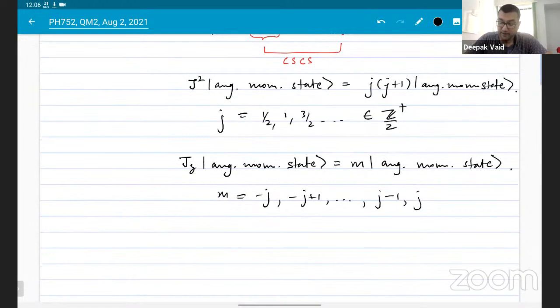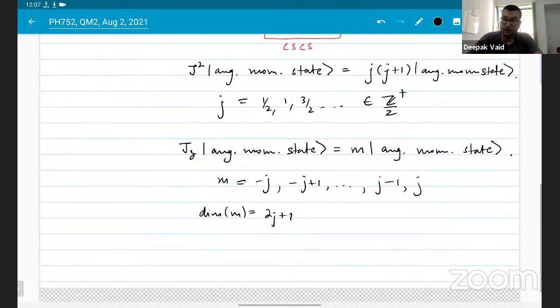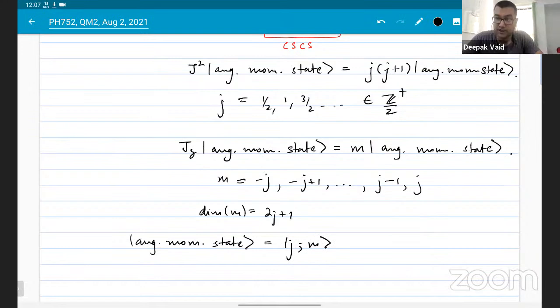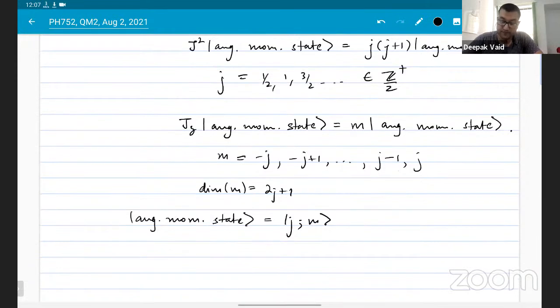And how many such values are there? If I say dimension, I get 2j plus 1. So what this means is that my angular momentum eigenstate can be labeled with j and with m. What is j? j is the total angular momentum. m is the z component of the angular momentum.